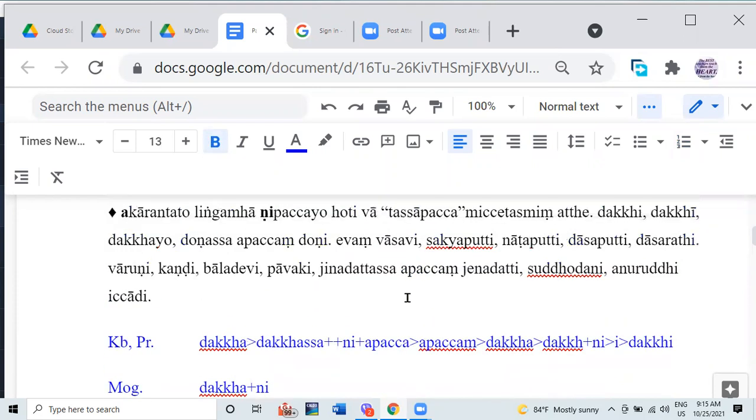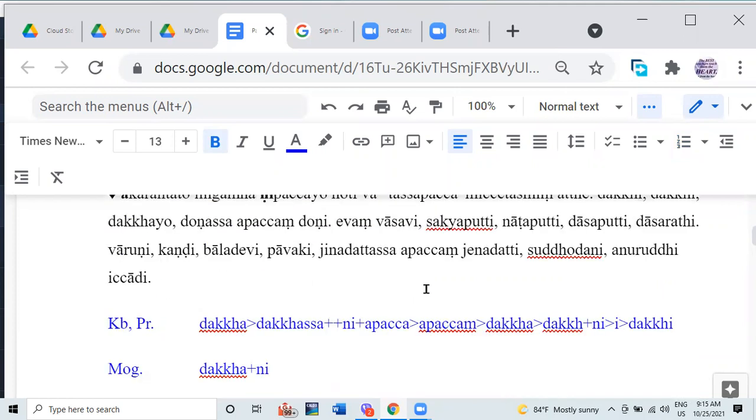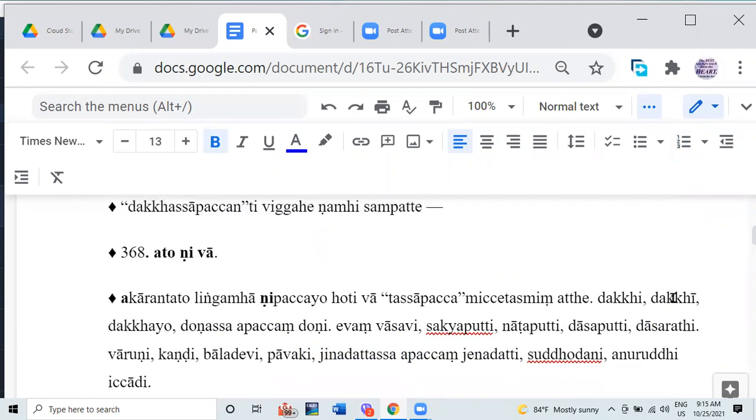So here, after the word Daki, if you want to add a feminine suffix, you need to add only the inī suffix, not another suffix. Okay, let's go on.